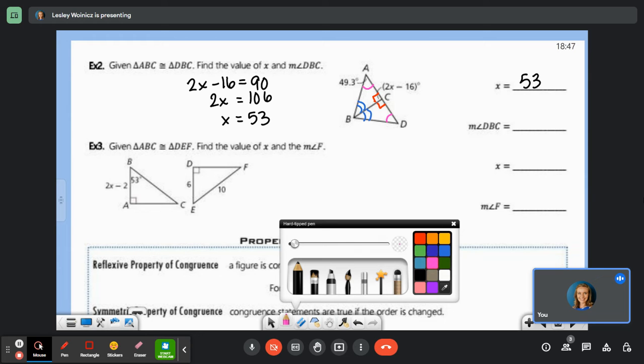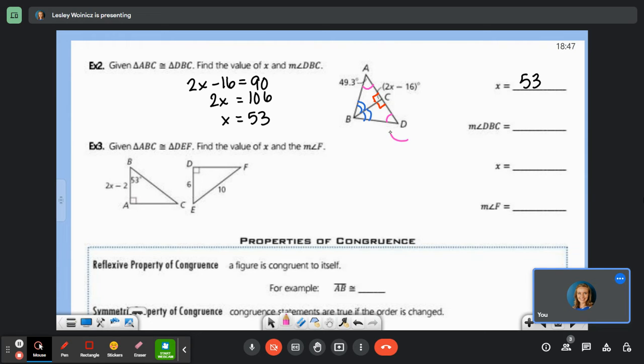If this little angle A is 49.3, this little angle D down here is also 49.3. So I've got two 49.3s.